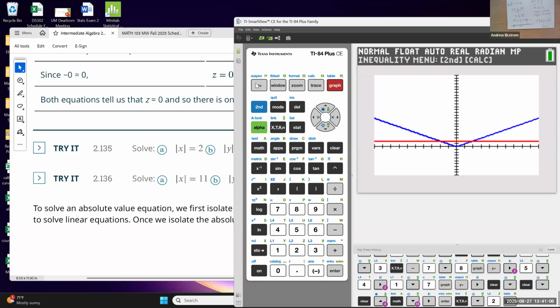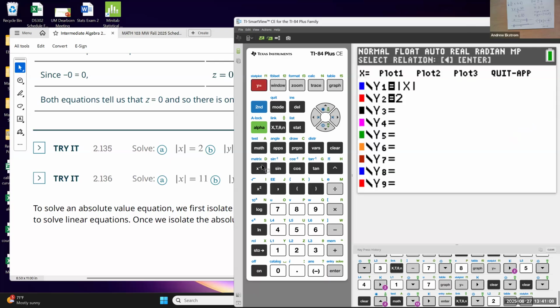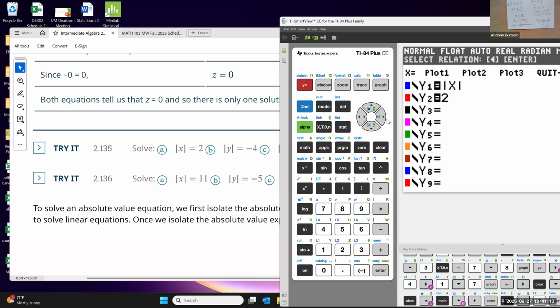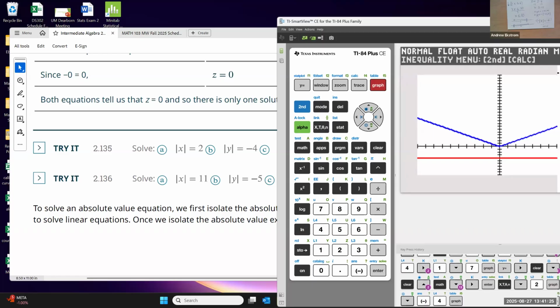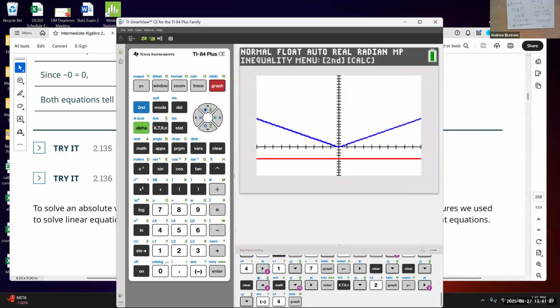If we try to graph this next one, just because of the way it's set up, even though the problem says use y, I'm still going to use x. And then here I'm going to put in -4, but I have to do negate 4. I graph that. So where did the blue line and the red line intersect here? Anywhere?